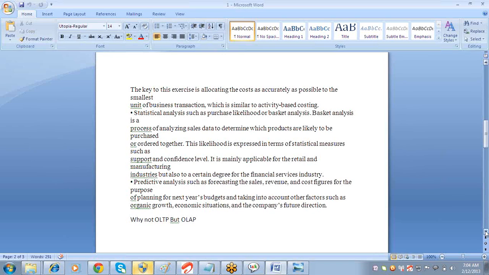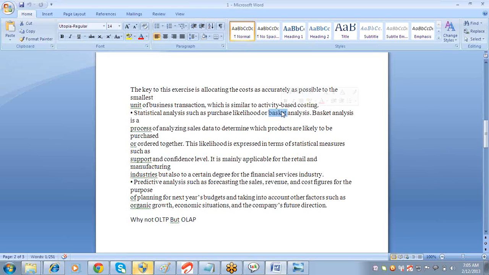What else? Statistical analysis, like I said, year to year, this year, previous year, past year. Purchase basket analysis. In basket analysis, they combine the products. You buy a sunscreen, you get a face wash free, or something like that.